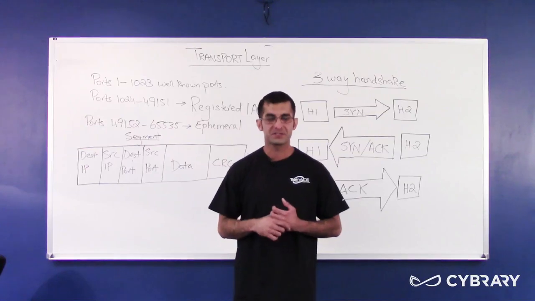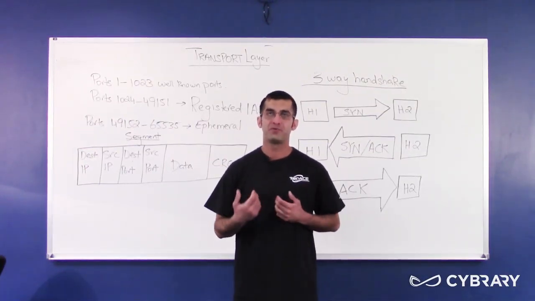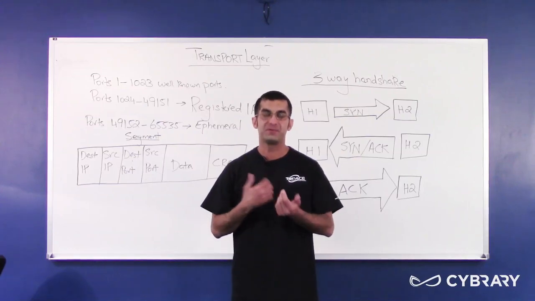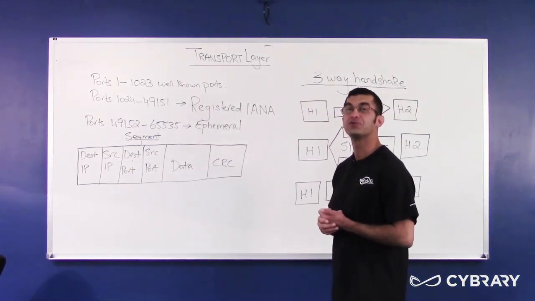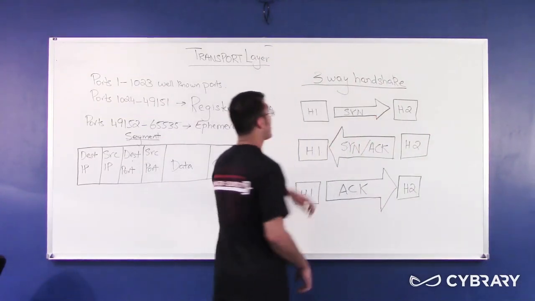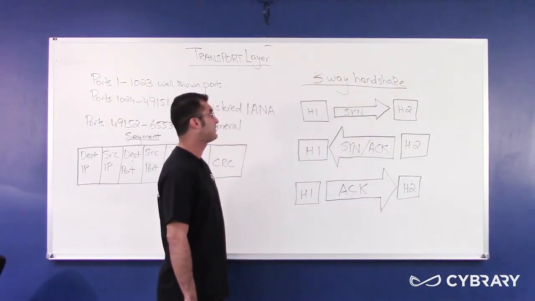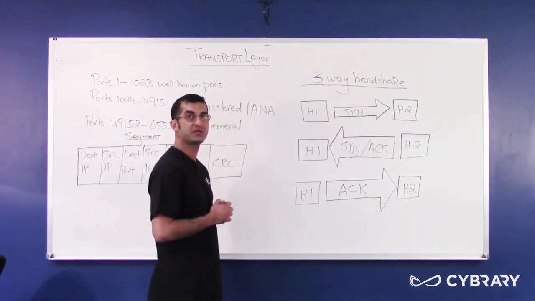Now, before this reliable communication can happen, or before the segments are sent between devices, the devices create a virtual connection with each other by going through what is called a three-way handshake. So here we have depicted host 1 and host 2 performing this three-way handshake.